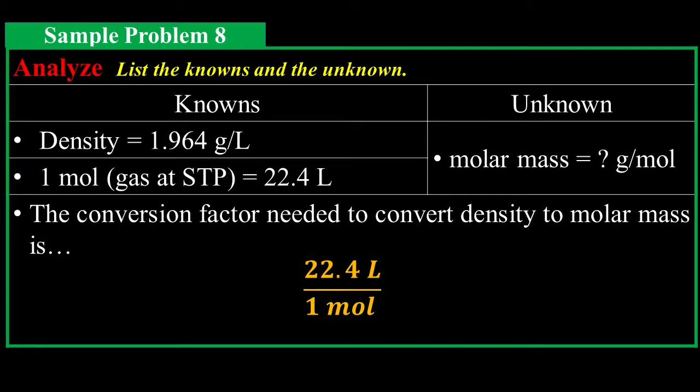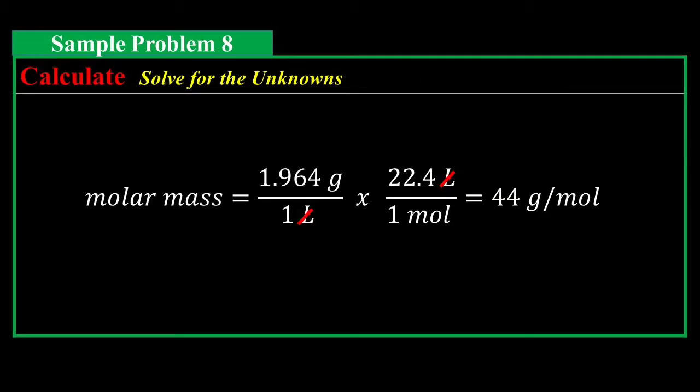I want to know the gram molecular weight of this. In other words, the mass in grams of 1 mole of any particle is equivalent to the mass of one particle in AMU, and I use 22.4 liters per mole as my conversion factor, and you see the liters cancel, and you're left with the gram molecular weight.